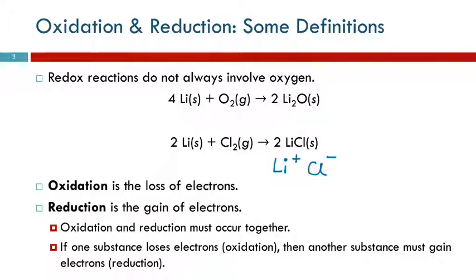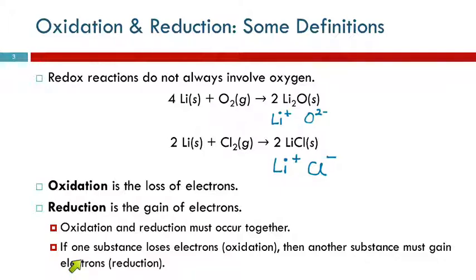Same idea up here. Because we're forming an ionic compound, we've got lithium and oxide. The oxygen gained 2 electrons, the lithium lost electrons. The way this is balanced, all of the electrons that were lost got gained by somebody else in this group, and it's all good.